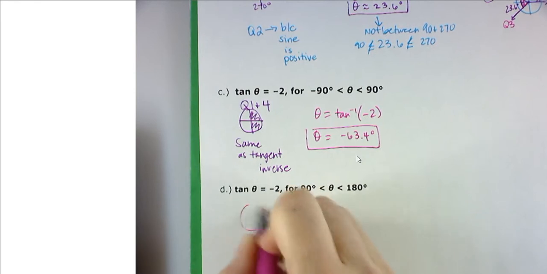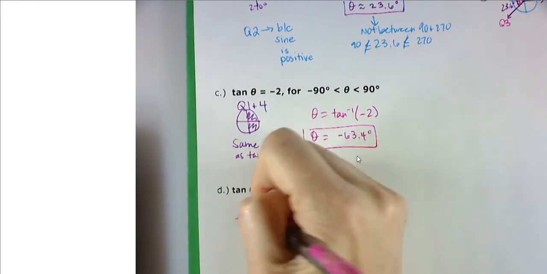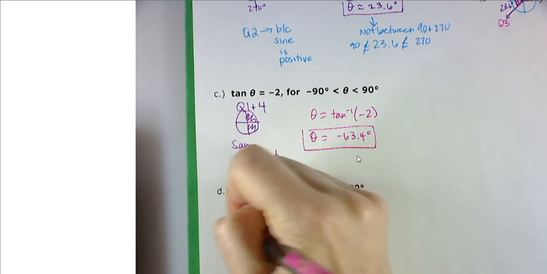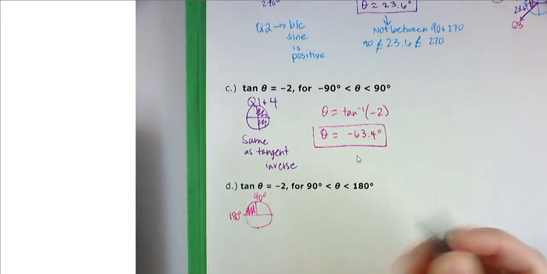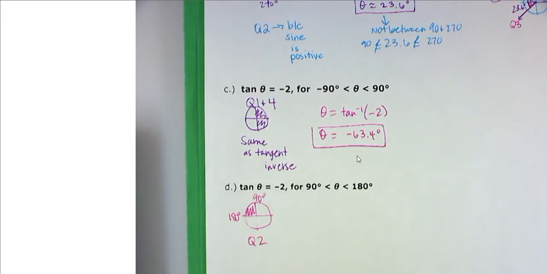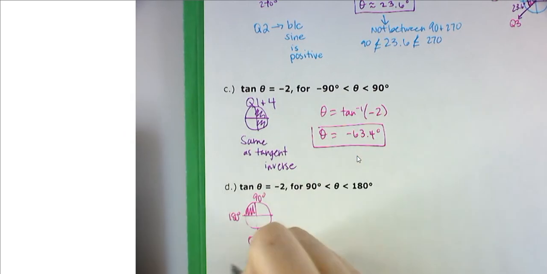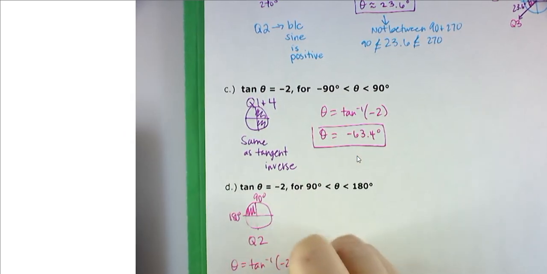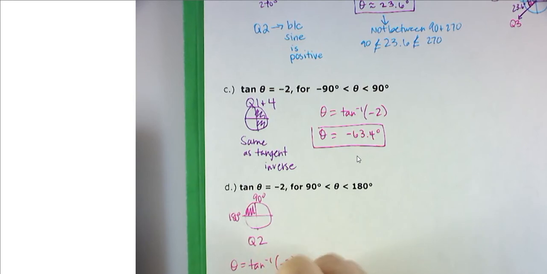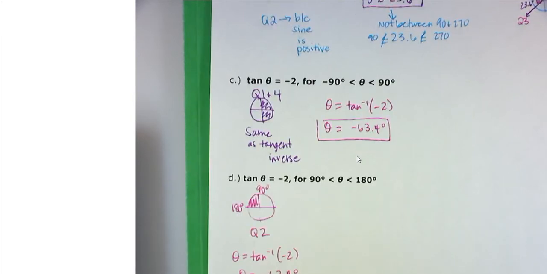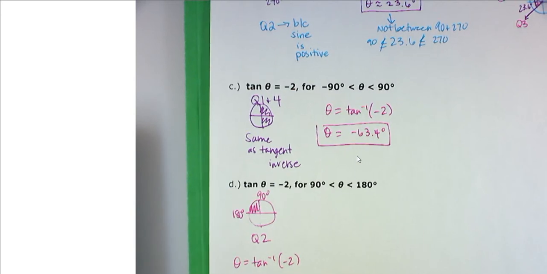By solving using the inverse, we know that the reference angle, if you have -63.4, remember how the reference angle is always going to be positive. Okay, so the reference angle is going to be 63.4.